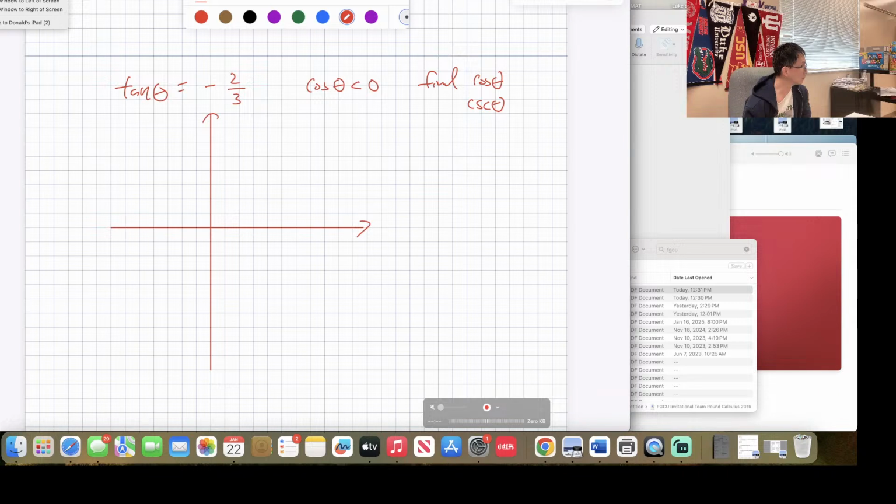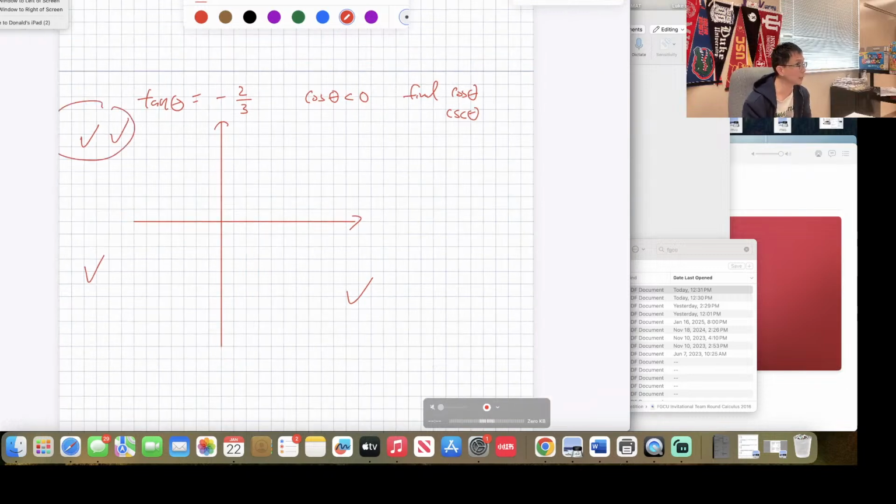Negative would be like top left, bottom right. Yes. So we put a check mark here, check mark here. That's 2 possibilities. Which one is going to be cosine is less than 0? Which quadrant is cosine less than 0? What else? And the left one, right? So this one goes earn a double check, right?